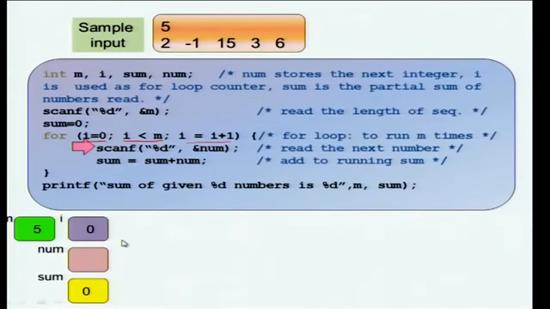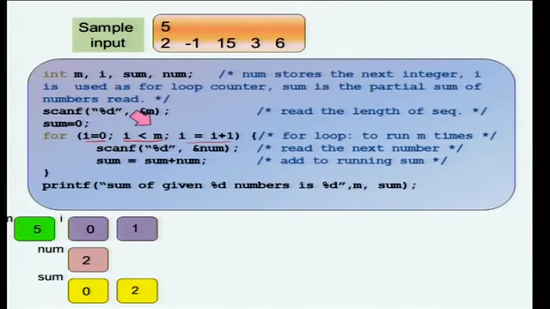So you execute the loop. Scan the next number, which is 2. Add it to the sum. So sum becomes 2. Now update. Update is increment I. So I becomes 1.